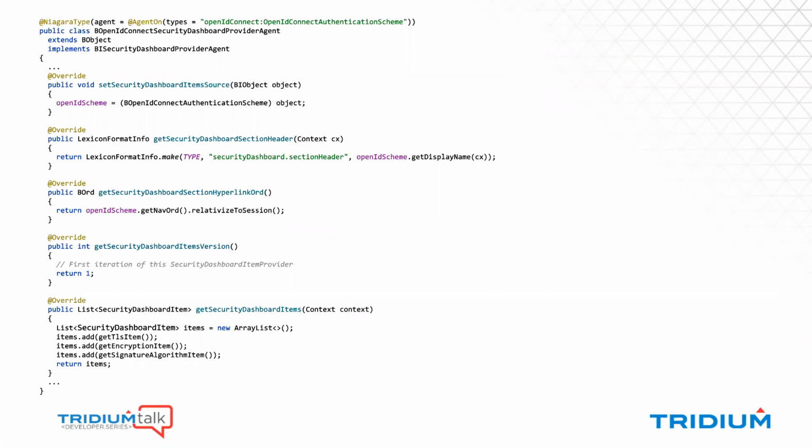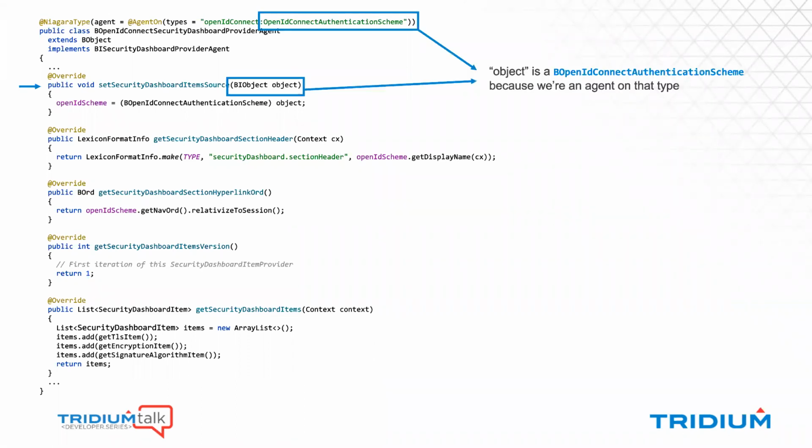But in this case, we're an agent directly on the OpenID Connect authentication scheme, rather than having to be an agent on a security dashboard provider or provider agent. We're getting an item source again, but this time we're casting it to an OpenID Connect authentication scheme. And we know that's what we're going to get because we are an agent on that type, and that's just how security dashboard provider agents are handled by the framework.